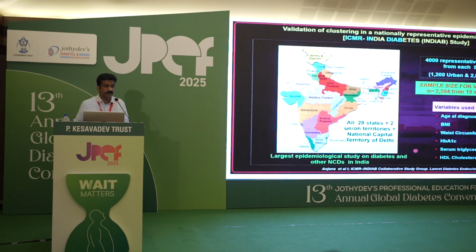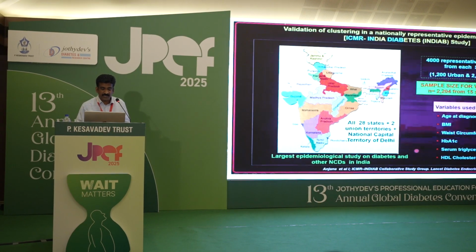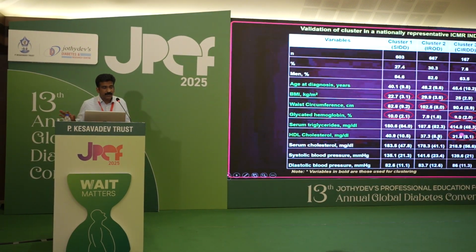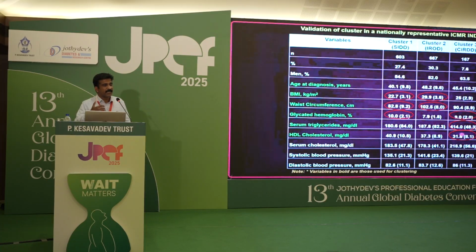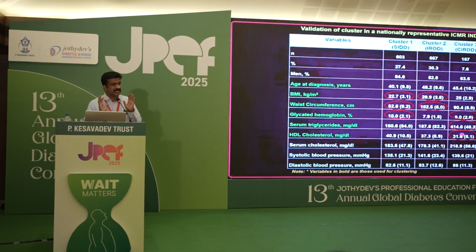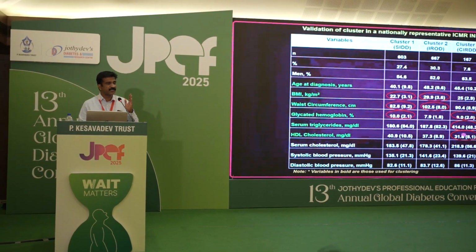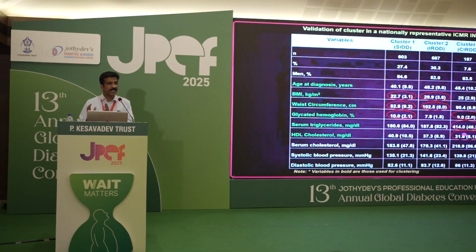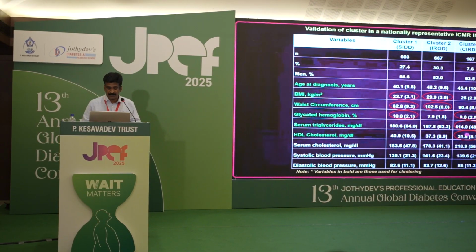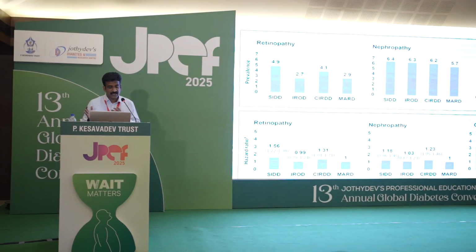Because it is a population study, they excluded the C-peptide level and looked at the 6 parameters shown at the bottom. To their surprise, they could replicate the evidence from the previous trial. The clusters were almost similar. They could identify the 2 novel subgroups, the insulin resistant obese diabetes and the combined insulin resistance and deficiency diabetes.